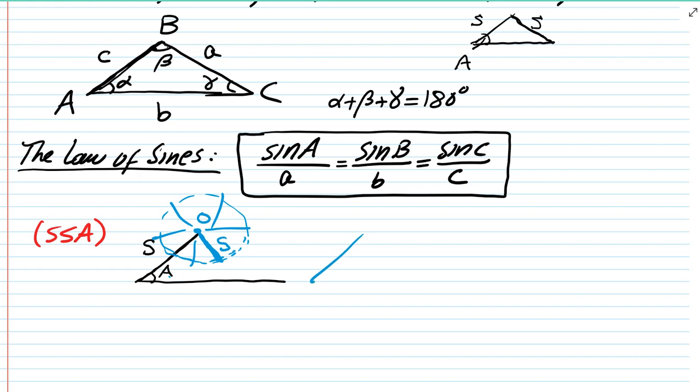And by region, I mean I cannot create a polygon, right? Therefore, let's label these: call this A, and this one is B. Remember, side A is opposite angle A here.